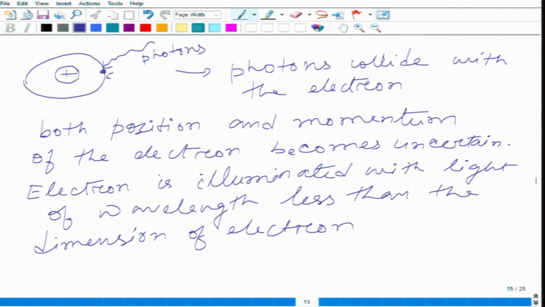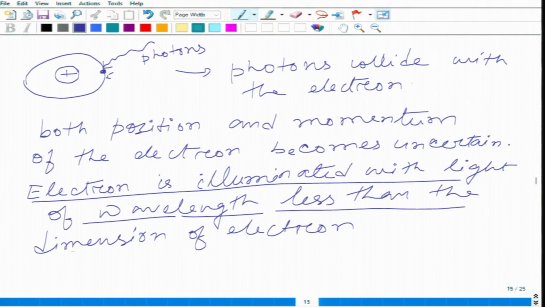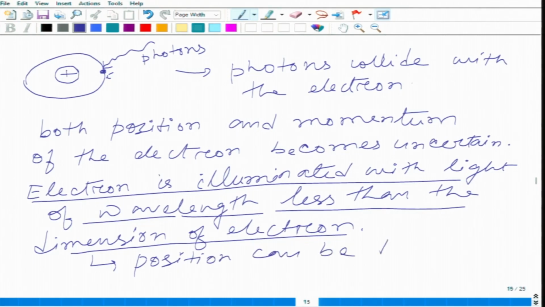Now to determine the position of electron accurately, it is very necessary that we illuminate the electron with a light beam whose wavelength is less than the dimension of the electron. By this process, position can be determined.